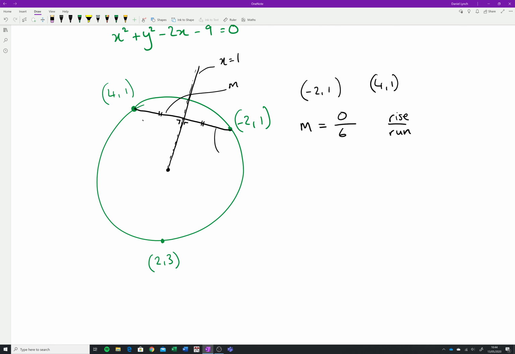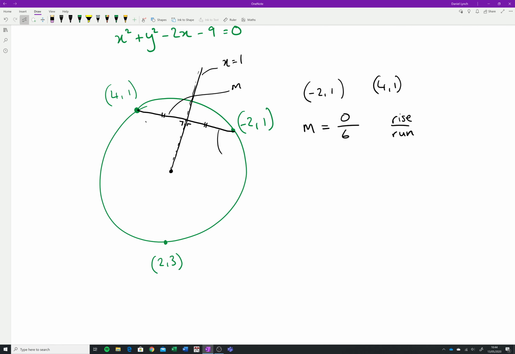Okay, let's see a different one. This one, I can tell immediately, is much more typical of what you're dealing with. So we're going to get the slope of this line here. It's going from -2, 1 to 2, 3. Rise over run.